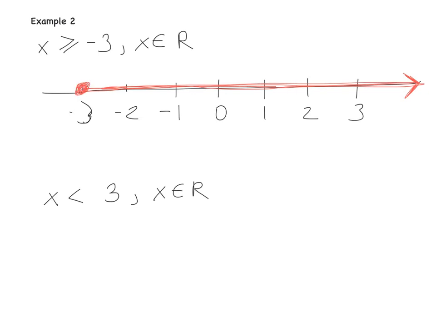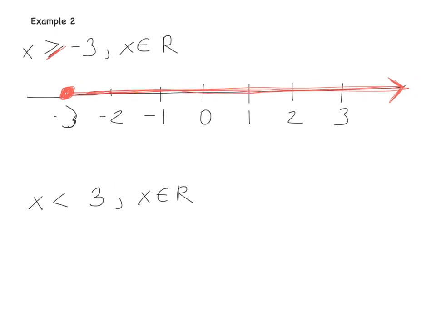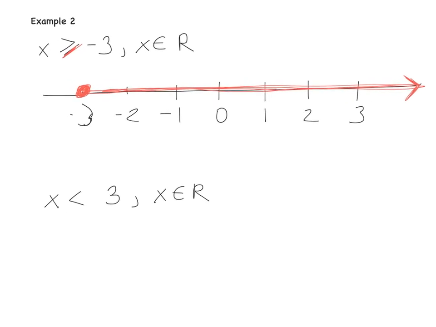So we need to put a dot, a full circle on -3, because that's equal -3 as well. Okay, so it's really important to remember when we are using full circles or empty circles, and I will show you when to use empty circles now.